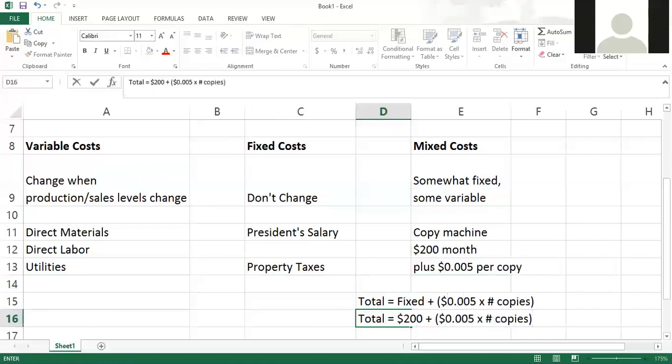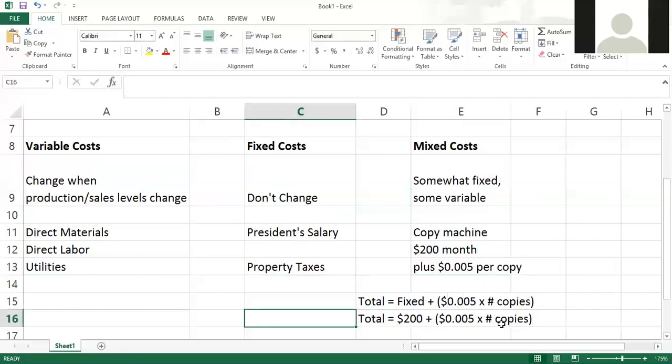This would be used in budgeting. The company's trying to figure out what their copy machine costs will be next month, next year. They only need to figure out how many copies they think they're going to create, and they'll know their estimated cost.